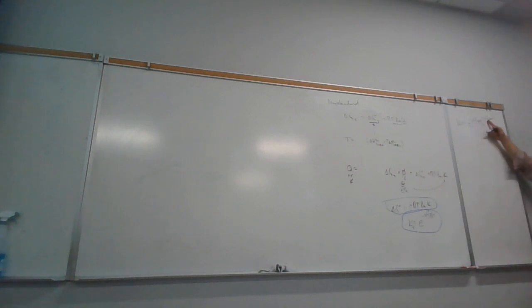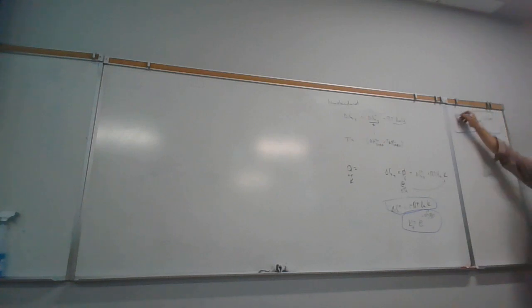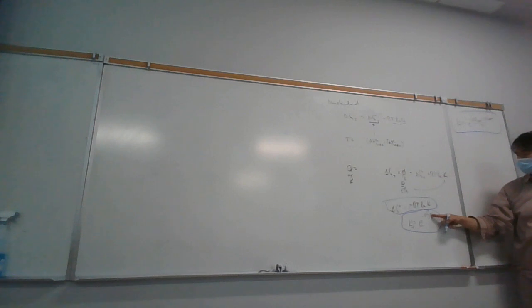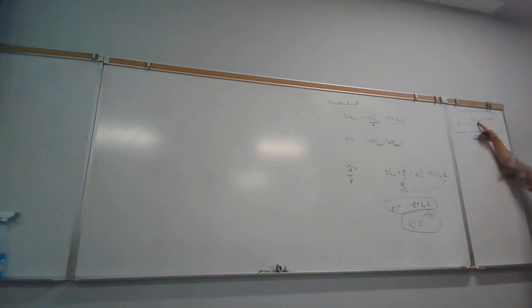This doesn't mean we're at standard conditions. We're under non-standard conditions and we're correcting it. When we don't have delta G at the temperature T, we'll have to estimate what delta G at that temperature T is, which would be this numerator term here.